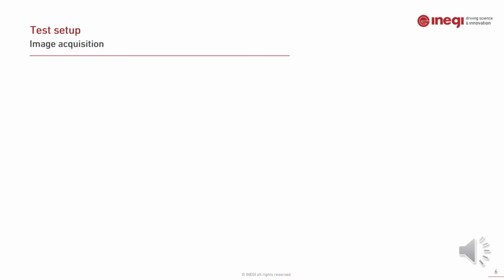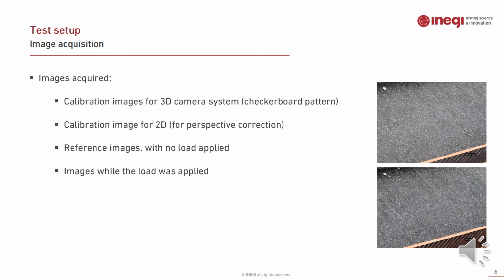So as for the test itself, we started by acquiring images of a checkerboard pattern for calibration of the 3D system. We also acquired a single image of a calibration pattern pressed against the surface for the 2D system in order to correct perspective.